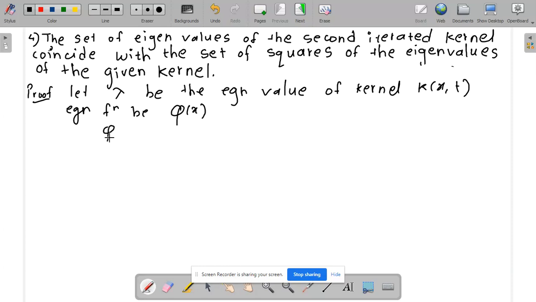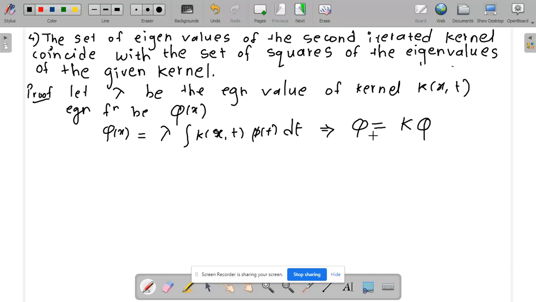We have this equation: phi of x is equal to lambda times the integral of K(x, t) phi of t dt. This particular integral we have defined as the operator K phi. So this equation I can write as phi equals lambda K phi.